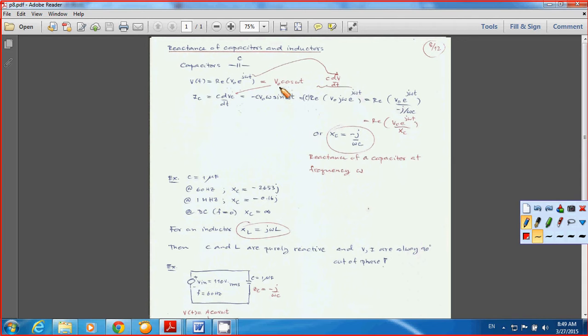Let's start with the input becoming V0 cosine omega t, and then you differentiate dVc over dt, the voltage across the capacitor, and you end up with the real part of V0 exponential j omega t, simply divided by Xc, and we call this the impedance of the capacitance. Thus it becomes frequency dependent in terms of omega, and omega equals 2 pi f.